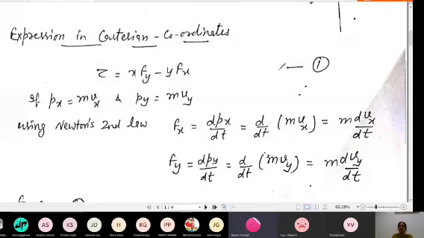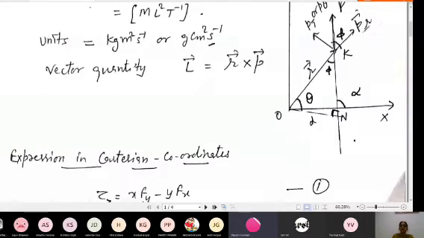If the particle is moving in the xy plane, then torque acts along the z axis, obviously by the right hand rule. So this is torque along the z axis. The p vector acts along this direction, making an angle alpha with the x axis. So if you wish, you may write here also that Px equals p cos alpha, and Py equals p sin alpha.